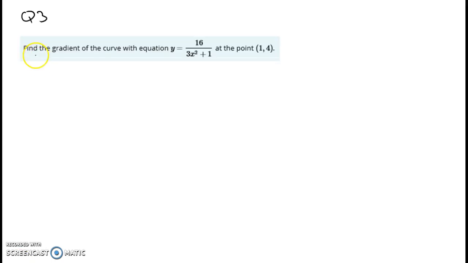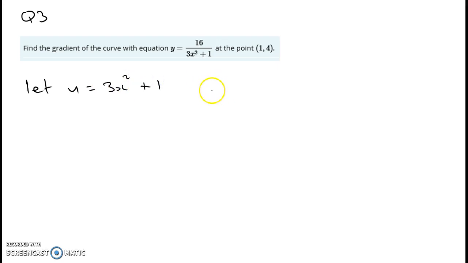Alrighty, this question is asking us to find the gradient of the curve with this equation at the point (1, 4). So what we need to do is go ahead and use the chain rule. Let's let u equal what's in our denominator here, 3x squared plus 1.